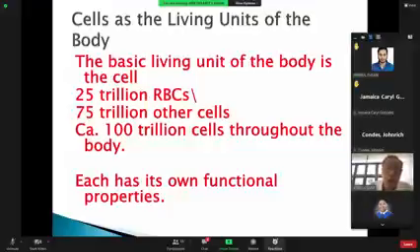And the functional, structural or cytological properties of the cell reveal the function of that particular cell, and eventually the functional properties of that particular organ or tissue. So that is it, no?